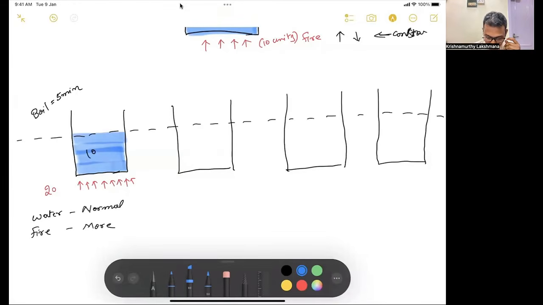Okay. So now we will take another condition. Now we will reduce the water to half. So we will make this 5 units. And we will keep the fire the same, 10. So now water will boil in how many minutes?